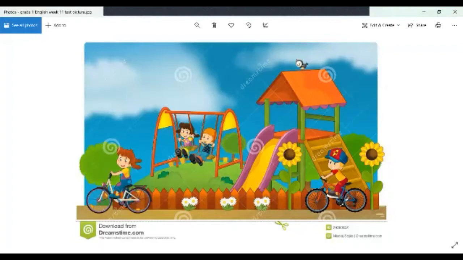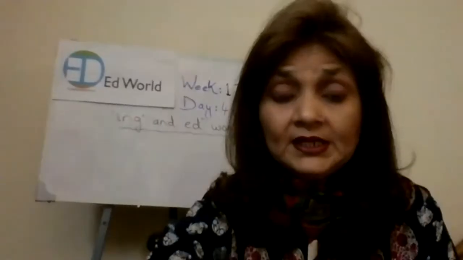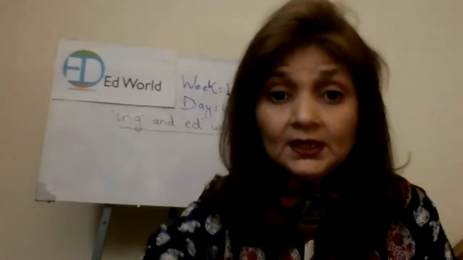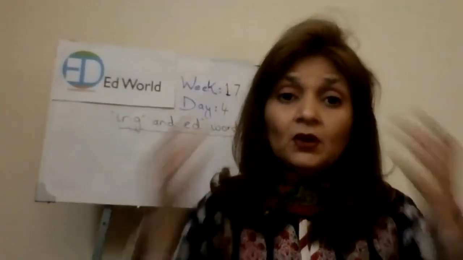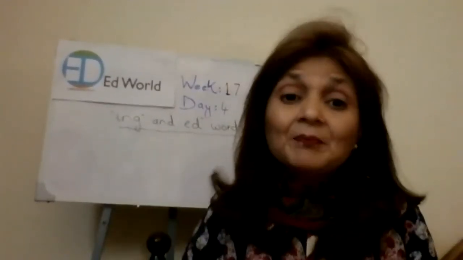So it means that they are playing in the park. Isn't it so? And there is one bird sitting here on top of this hut. So they all are playing in the park. Someone is sitting on the swing, he's riding a bicycle, she's riding a bicycle, and the bird is also sitting on that hut. So that means they were all playing in the park.